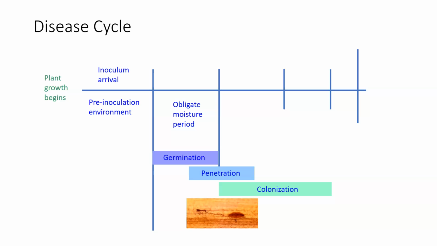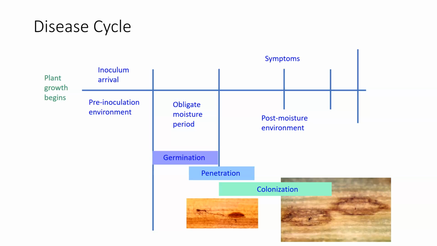Then we get colonization. In colonization, we are talking about a post-moisture environment. Once the pathogen gets into the tissues, it no longer needs to worry about what the environment on the outside is, as long as it's not slowing down the pathogen and destroying it. During that time, we are going to get symptom development.